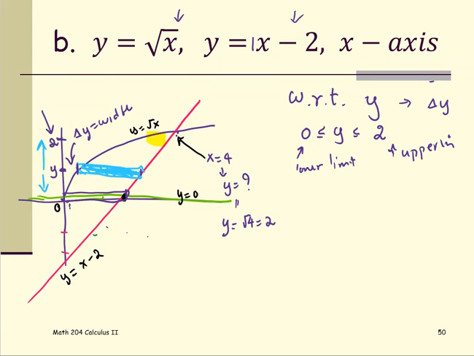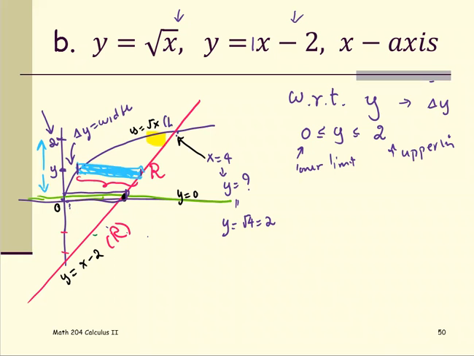And then the next part, we identify the length of the bar. The length of the bar is the difference of the right and the left function. What would be the right function? The right function is the one in red. And the left function is the square root x graph.